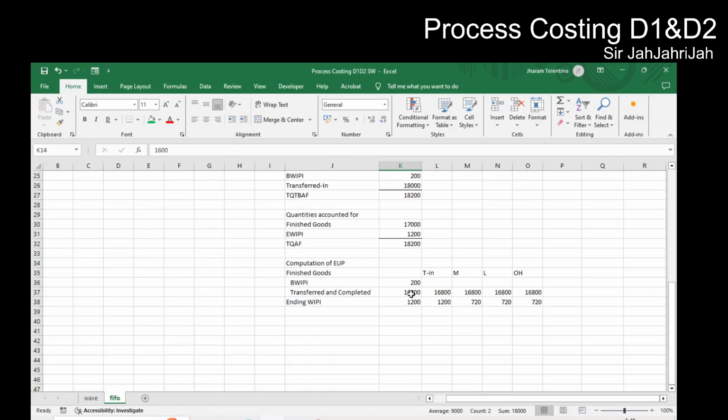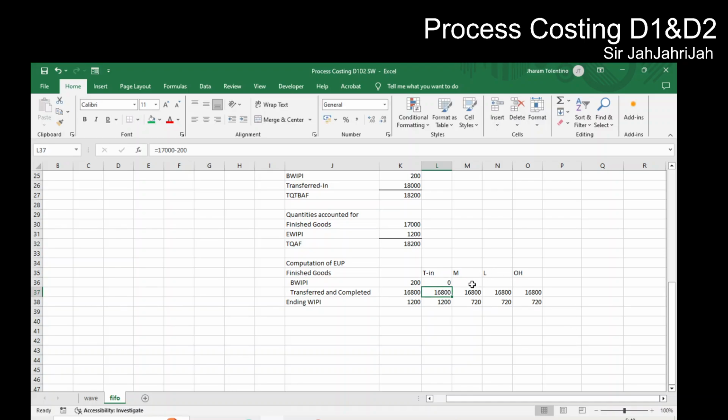Right? So the 18,000 units can be computed from the transferred in completed and then ending work in process inventory. You don't need to account for the beginning work in process inventory under FIFO.